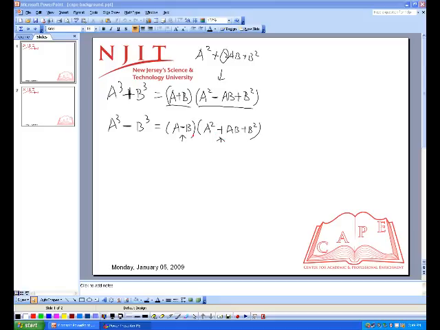If it's a minus b, then the second polynomial will be a squared plus. If it's a plus b, then the second polynomial will be minus. Okay, so try to memorize this formula.